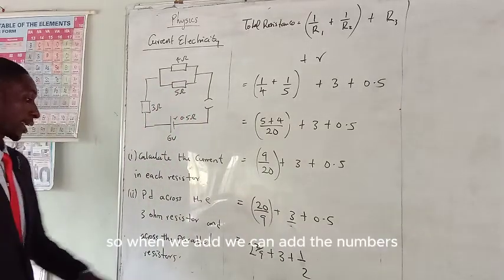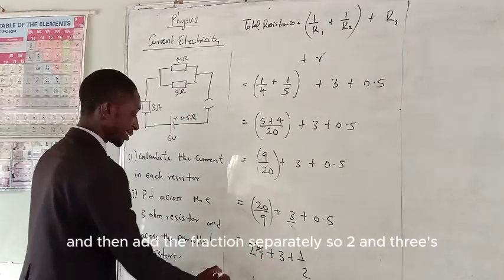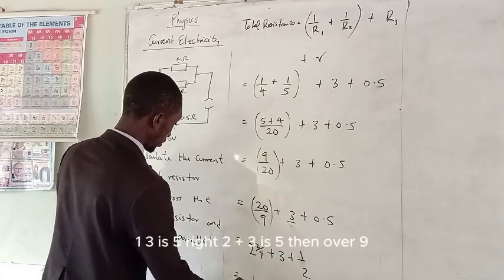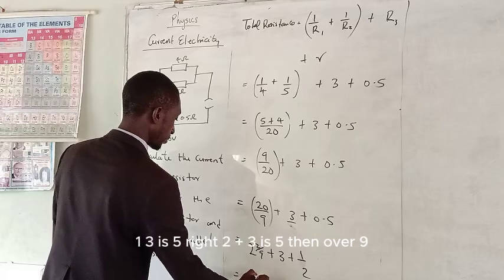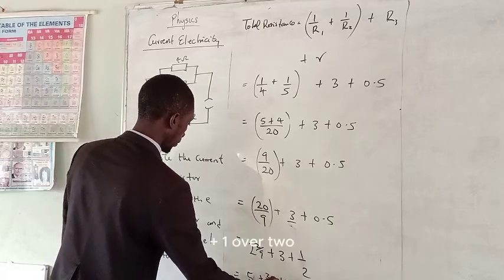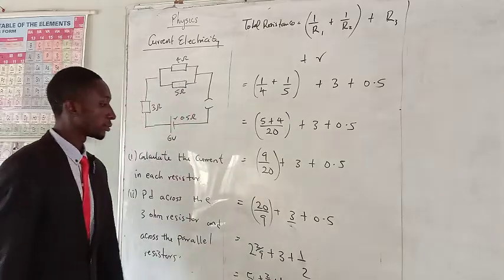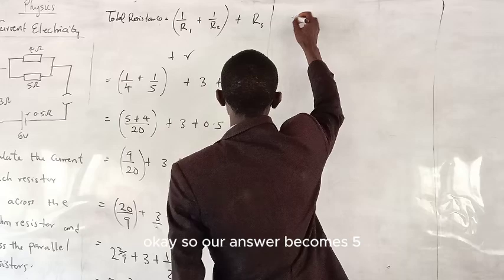We can add the whole numbers and then add the fractions separately. So 2 and 3 is 5. Then 2 over 9 plus 1 over 2. So our answer becomes 5 and the fraction.